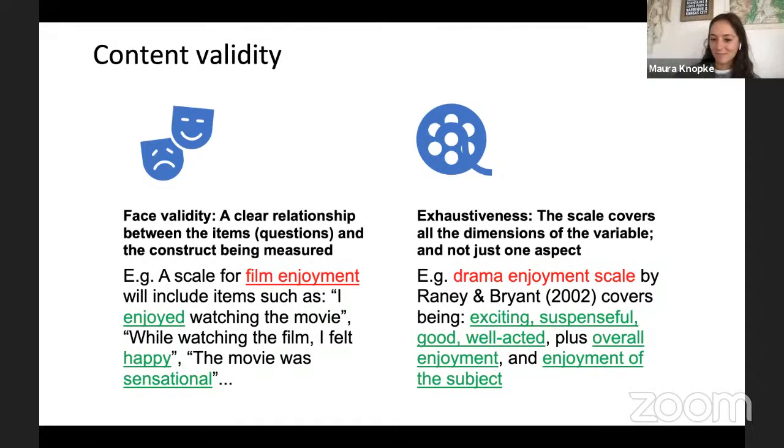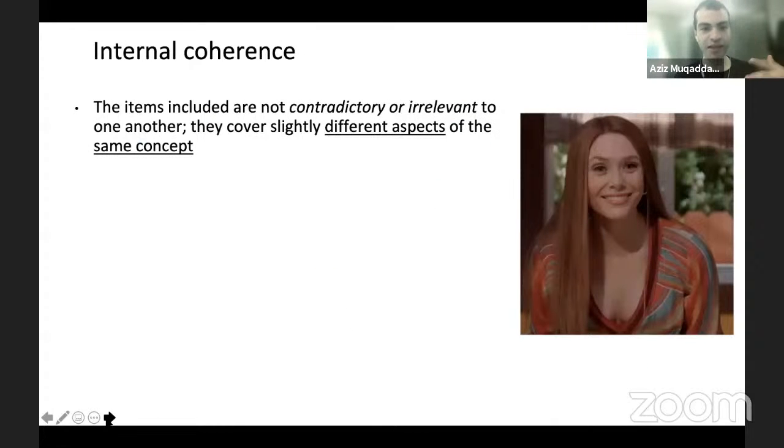Yes. So that's multidimensionality. It measures the relationship to the show as a whole, to how well the actors were playing, even if it's reality TV, and whether it's suspenseful, creating suspense from one episode to the next, or exciting in general. When I say drama enjoyment, that covers more than one thing.